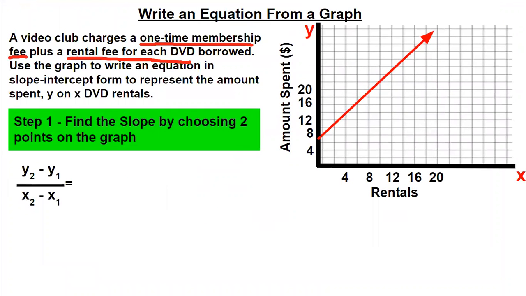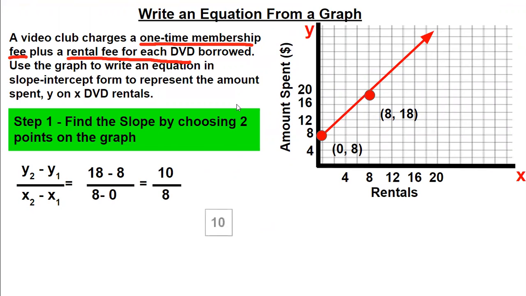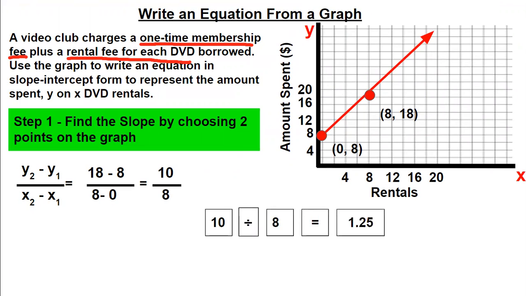So y2 minus y1. We have our 2 points, and now they're in the right spot, and I feel much better. So 18 minus 8 on the top and 8 minus 0 on the bottom. Notice how the 18 and the 8 are a matching set. They have to go one under the other. And I end up doing the calculations and getting 10 over 8. I can reduce that if I wanted to. If I did it on the calculator, I'd go 10 divided by 8 equals 1.25. Now you could leave it as a fraction.